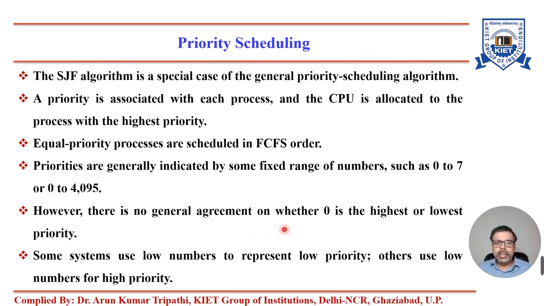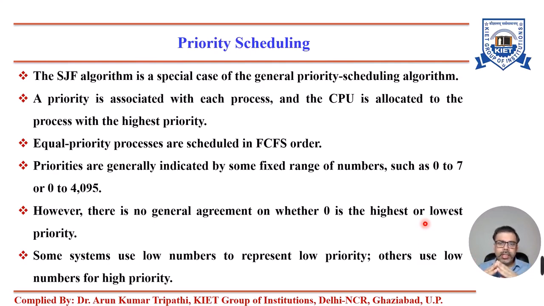However, there is no general agreement on whether the process that has priority 0 is the highest, or the process that has the number 19, as in Unix, has the lowest priority. So priority may be defined by the operating system designer. 0 may be considered the highest priority or 0 may be considered the lowest priority. Sometimes this may be possible.